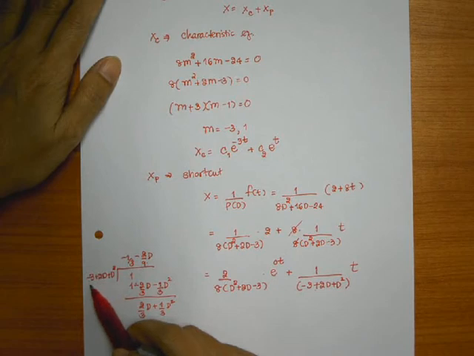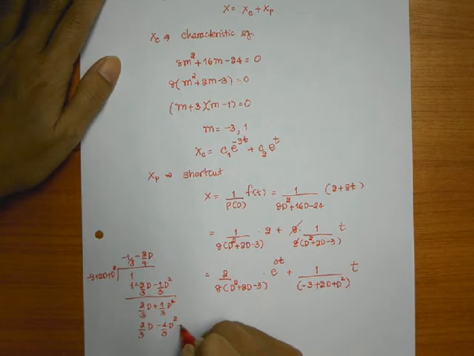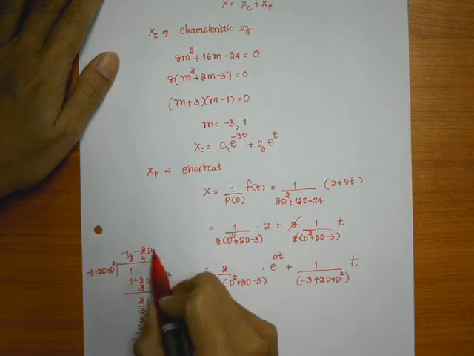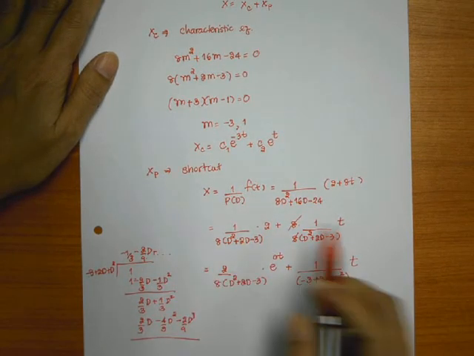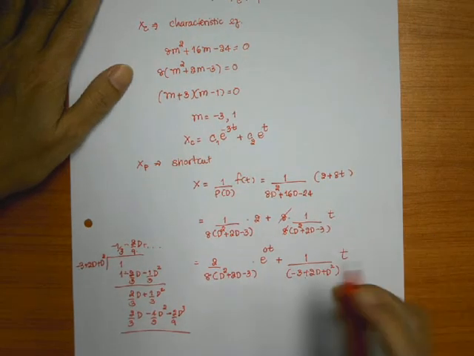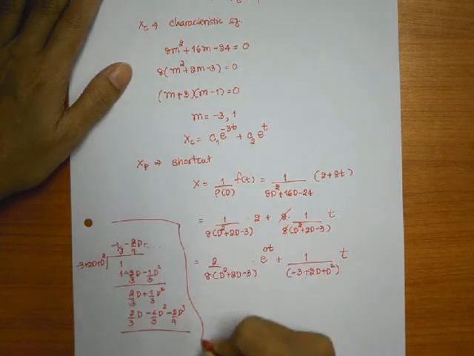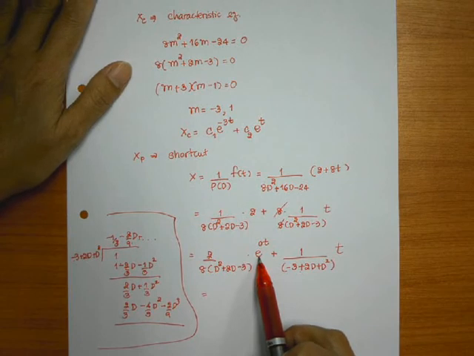Minus 2 over 9D times minus 3, you would get 2 over 3 times D. I don't need to go further because the rest of the terms with the t there, you would get 0, right?